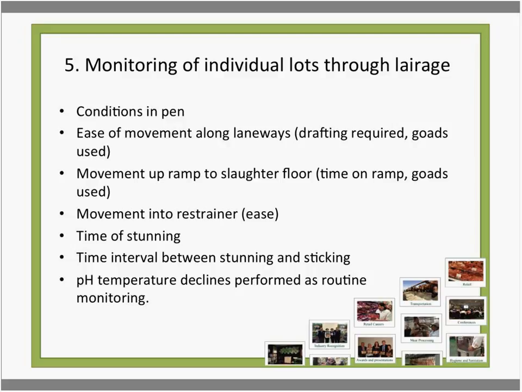The last one on there is your pH decline monitoring. I'm not sure how regularly you all do that, because I do understand that it's not an easy process to go through. But you need to get an idea of how those front-end steps can change that decline or change the pH of the animal at slaughter.